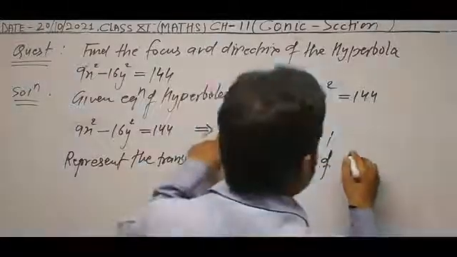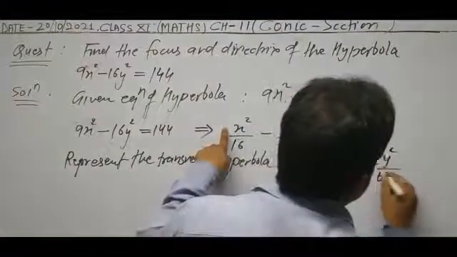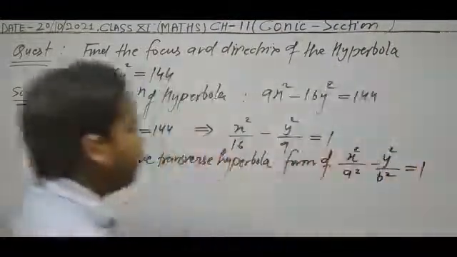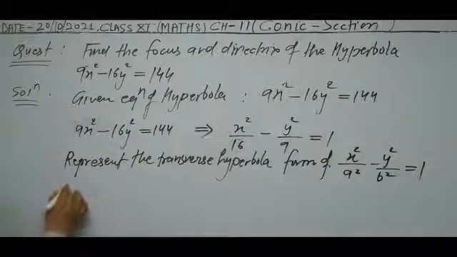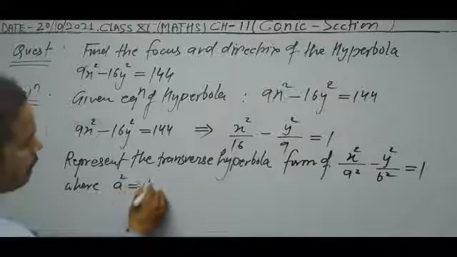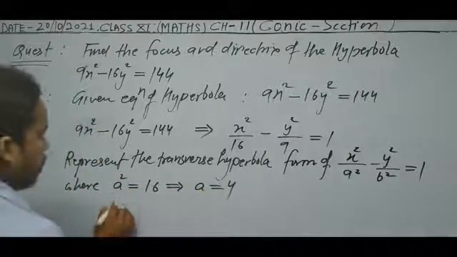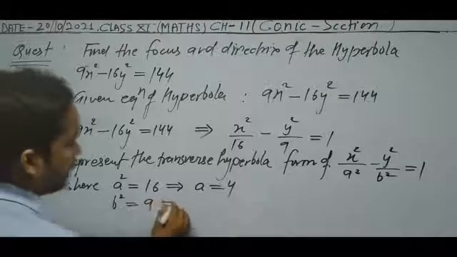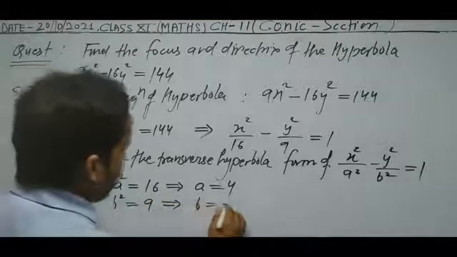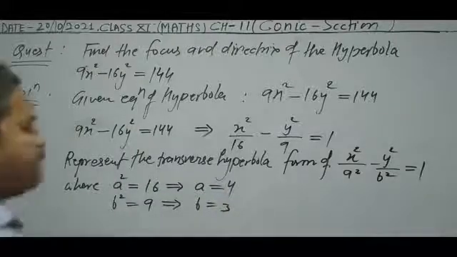Form of x square by a square minus y square by b square is equal to 1, where a square is equal to 16. This implies a is equal to 4, and b square is equal to 9. This implies b is equal to 3. Now you can find out eccentricity.